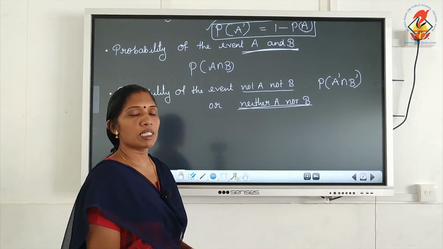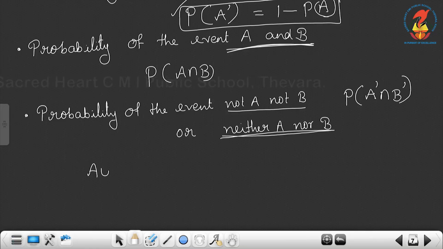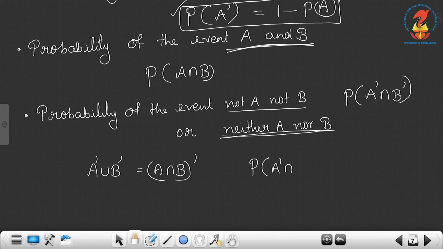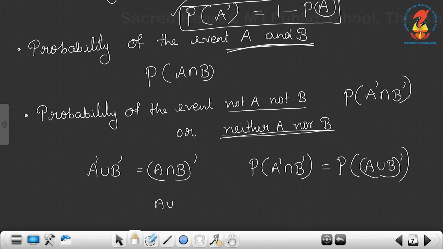Actually that is not in the syllabus, but you have to learn the result: (A union B) whole complement is equal to A complement intersection B complement, and (A intersection B) whole complement is equal to A complement union B complement.